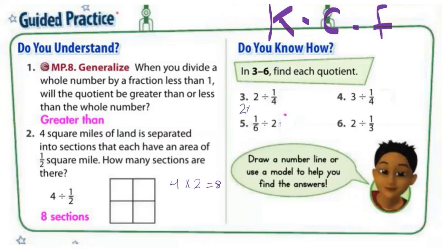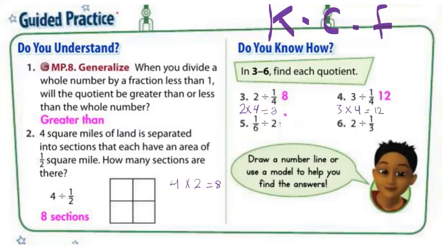Change the sign to multiplication, flip the fraction, it will be 4. Why 4, Mr. Walid? It's 4 over 1. 4 over 1 equals 4. So it will equal 8. The answer, 8. Number 4, keep 3 as it is. Change the sign, flip the fraction. 4 over 1 equals 4. It will equal 12. Check the answer, 12.